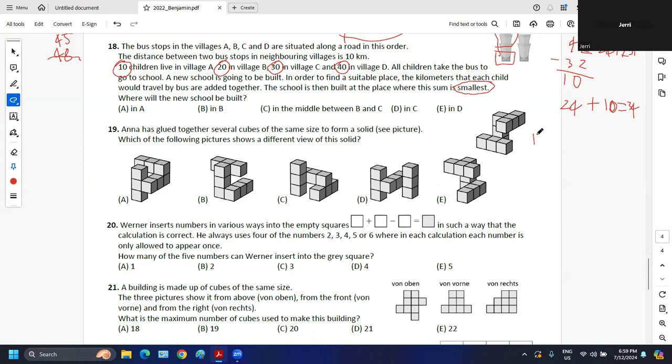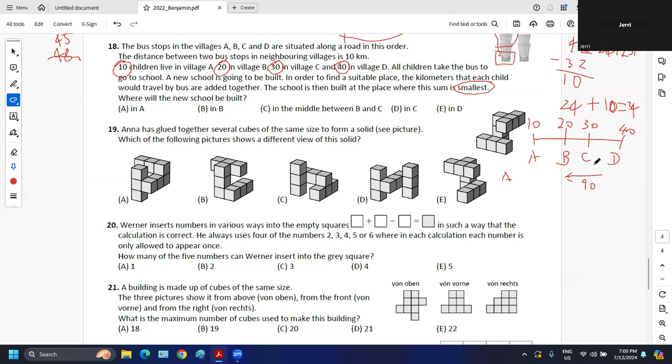So if the answer is A, then all the places here will be A, B, C, D. If the answer would be A, then this here will be 10, 20, 30, 40. If the answer is A, then there will be 90 people running this way.